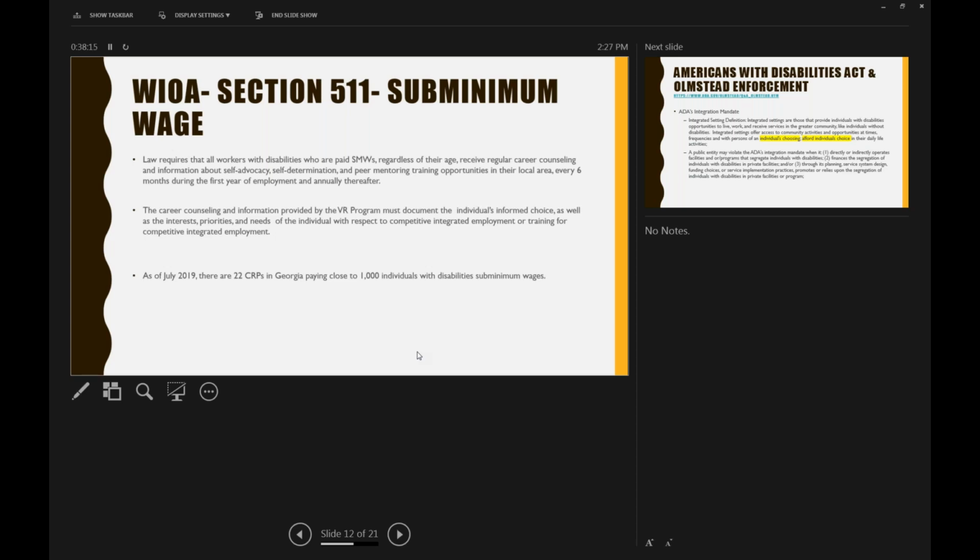Last year, I believe it was in the 30s. A couple years before that, there were 60s. And it was probably just about 5 years ago, we had over 100 community rehab programs who had an active subminimum wage certificate.